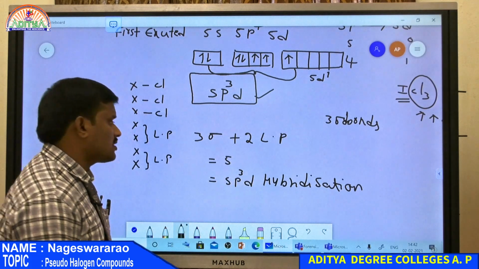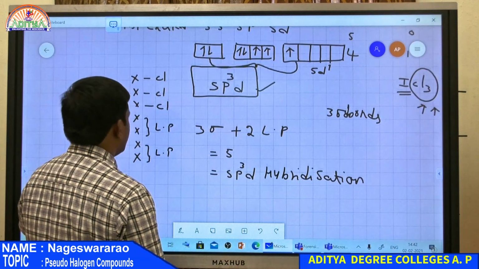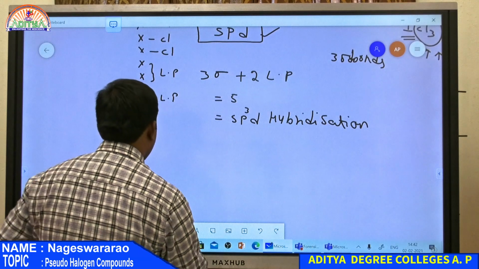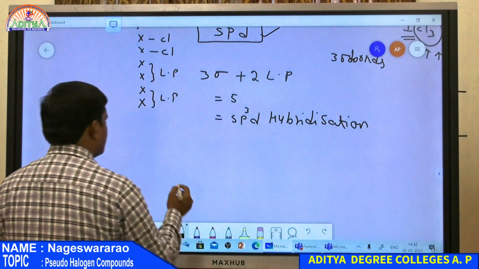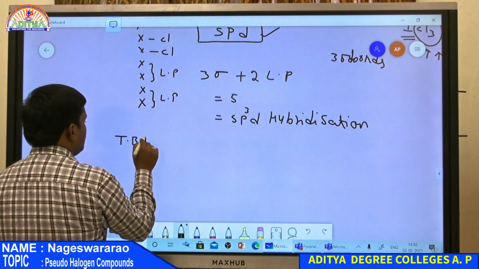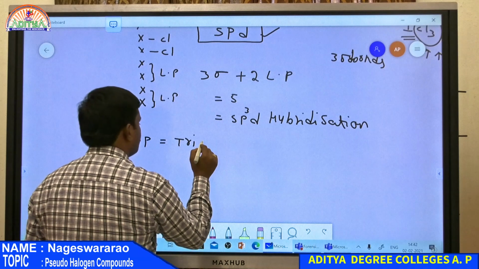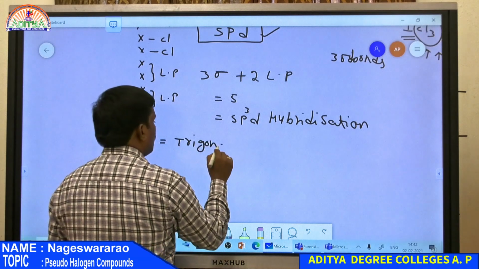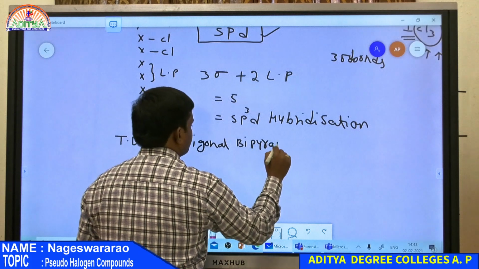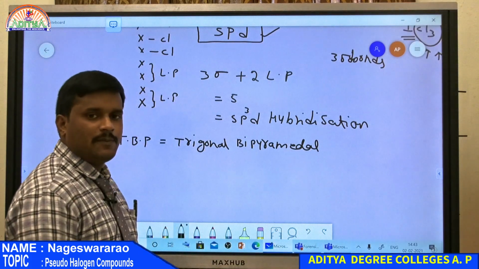And now the structure. What is the structure? The structure of an AX3 type interhalogen having 3 sigma bonds and 2 lone pairs of electrons is given by TBP, that is trigonal bipyramidal. So this is the structure of AX3 type interhalogen.